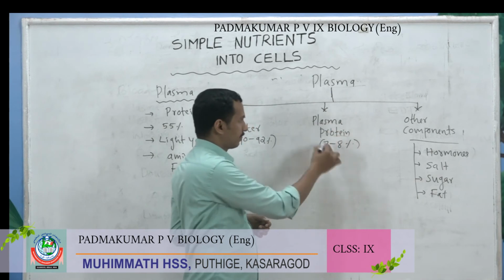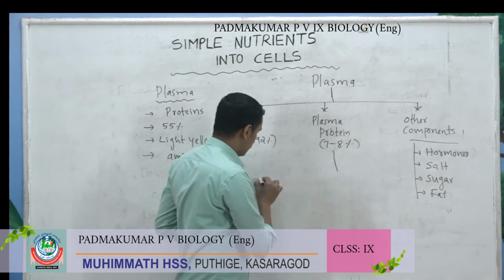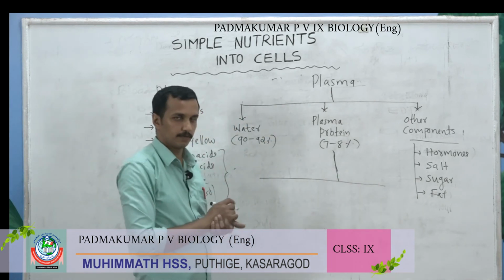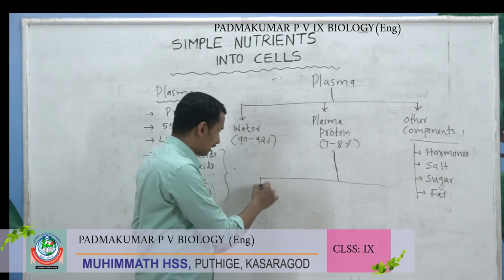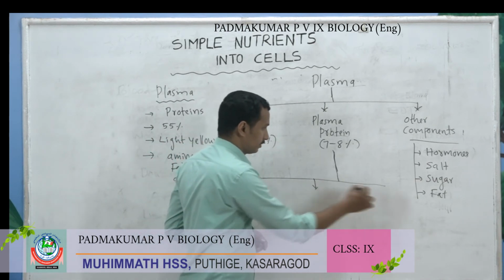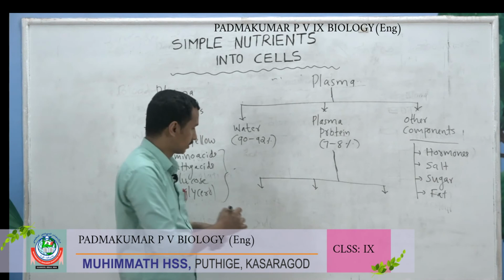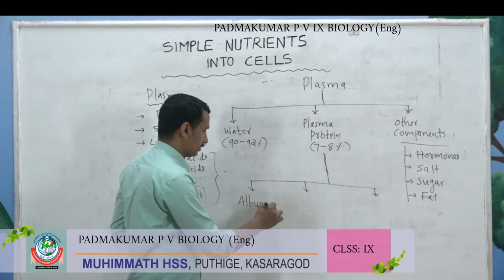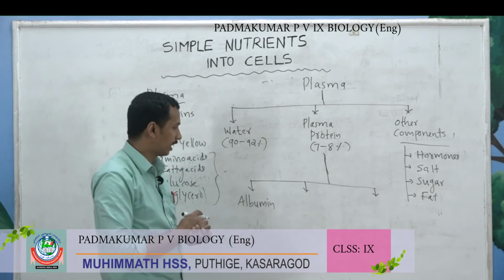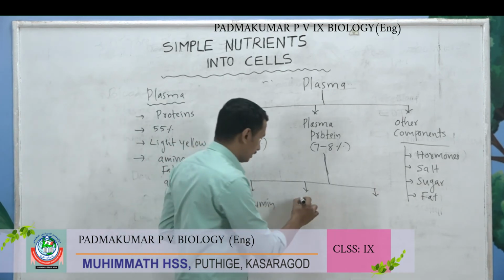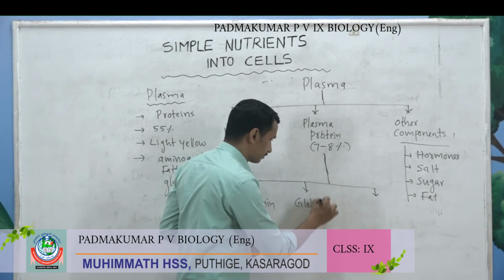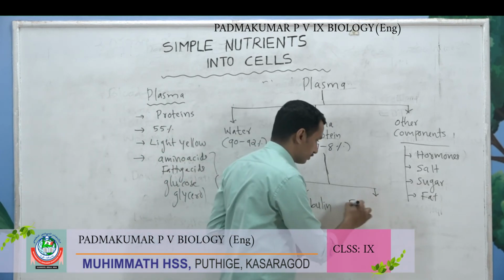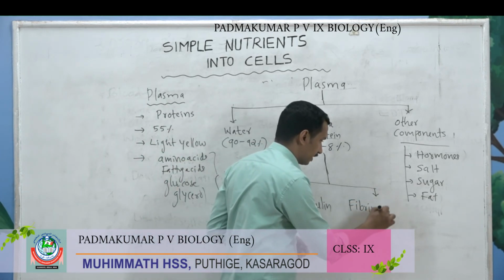And here you can see plasma protein. There are three types of plasma protein. What are they? First one is known as albumin, second one is known as globulin, and third protein is known as fibrinogen.